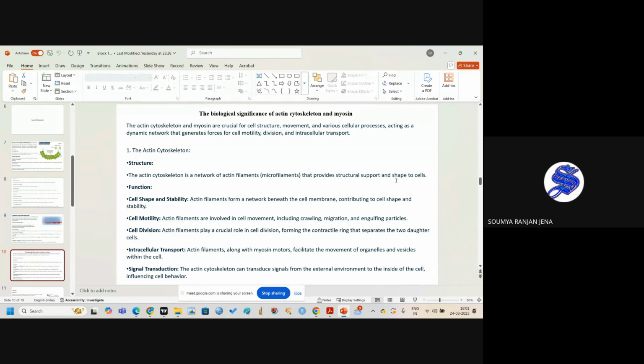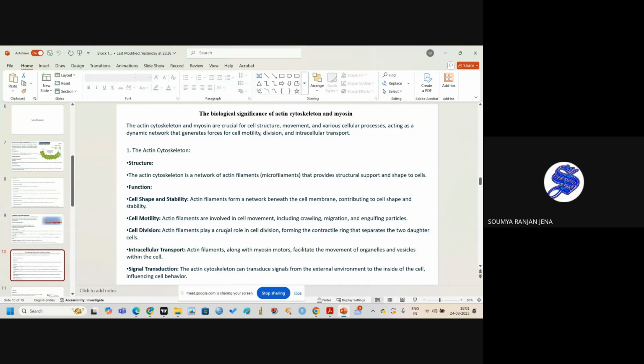Its function is to provide cell shape and stability, and this filament network supports cell motility during cell movement.